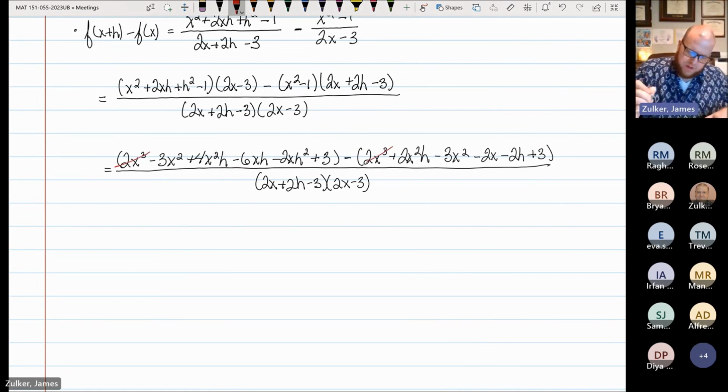So 2x cubed minus 2x cubed, negative 3x squared minus negative 3x squared, 3 minus 3.